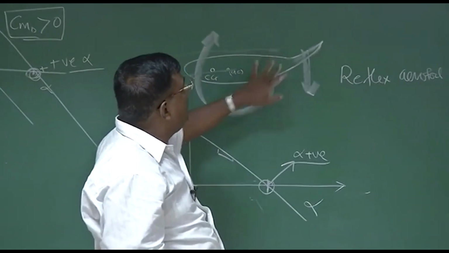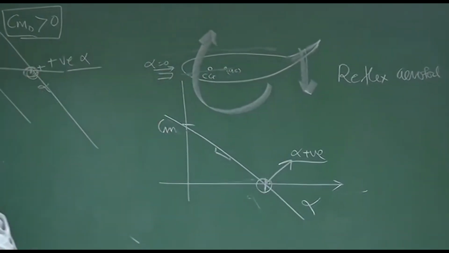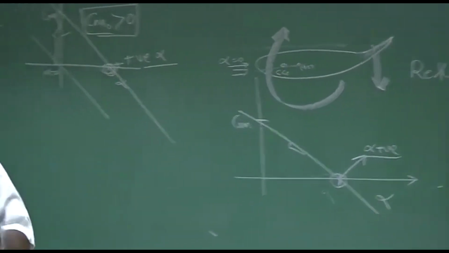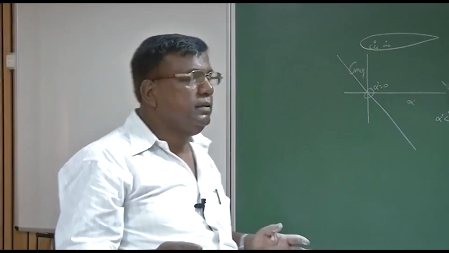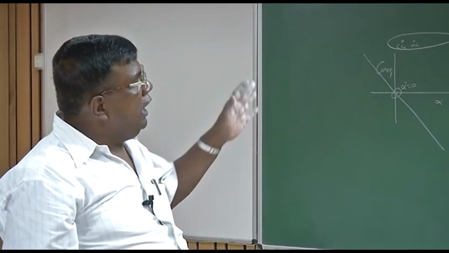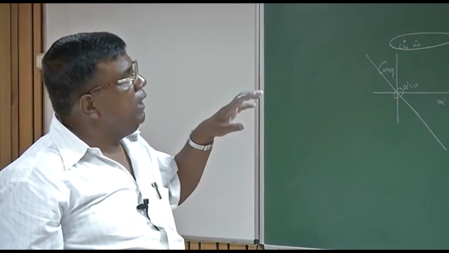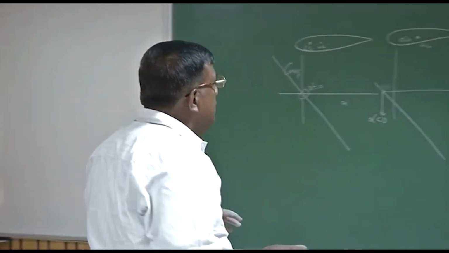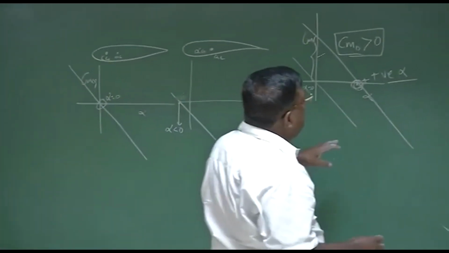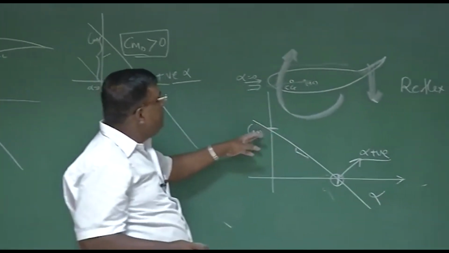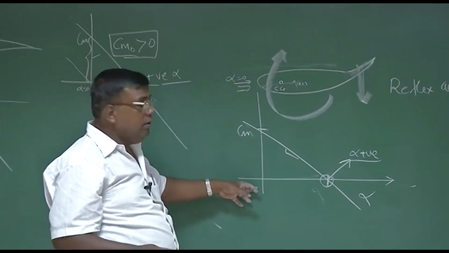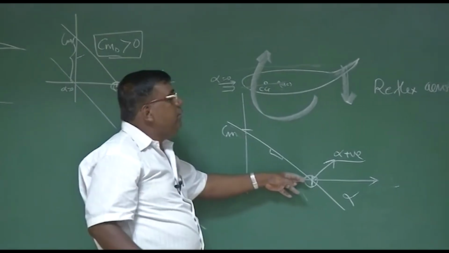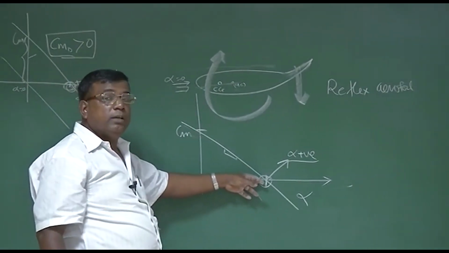In a standard aerofoil database, you will get different shapes of reflex aerofoil with different aerodynamic characteristics. So I hope I have been able to make you understand the importance of keeping AC behind CG and the importance of having positive Cm at alpha equal to 0 to ensure I am able to fly the airplane at positive angle of attack.